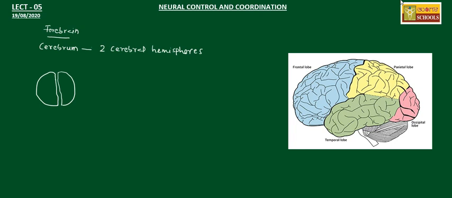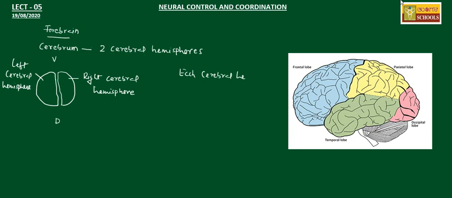Say this is the ventral side, and this is the dorsal side, and this will be the right cerebral hemisphere, and this is the left cerebral hemisphere.